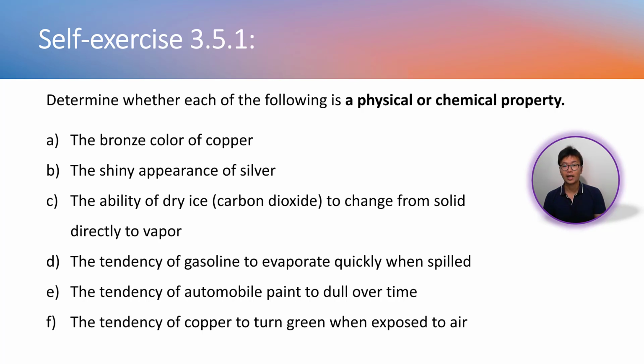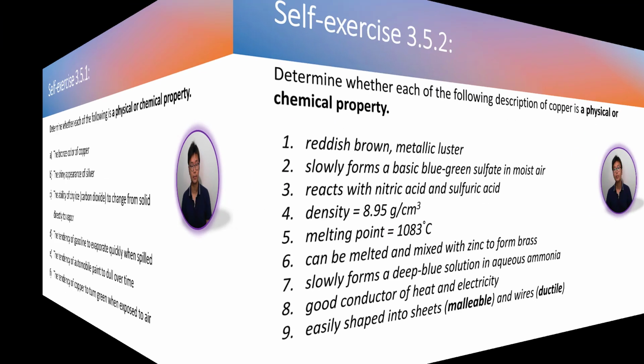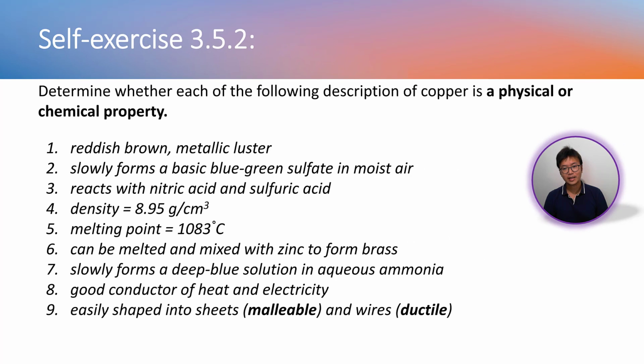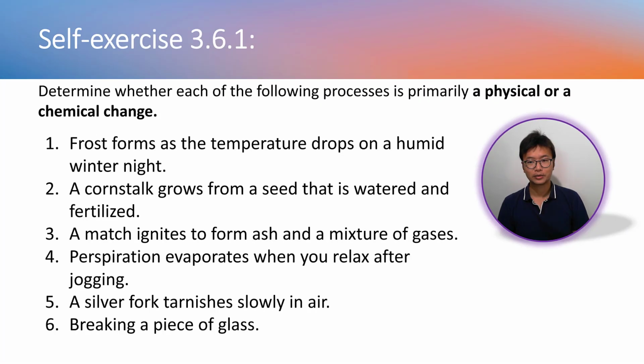So you do have a lab later on, try to write a description of what you see. More self-exercise this time is about whether these are physical properties or chemical properties. Think about whether or not your substance changes its composition. Answers at the bottom. And next one, more statements for you to work on and practice.